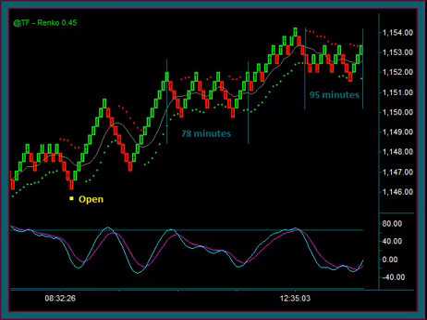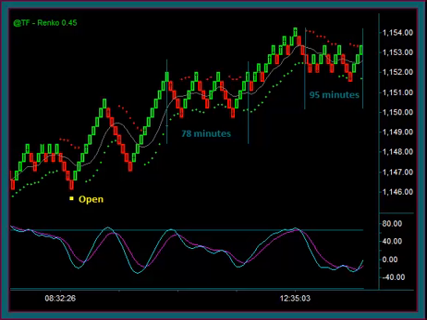And then there's a breakout. None of the other ones broke out, but now there's a breakout. So you get one more swing, and that swing takes you from 1152 up to 54.25, 2.25 points.